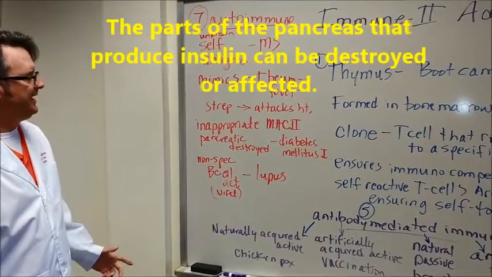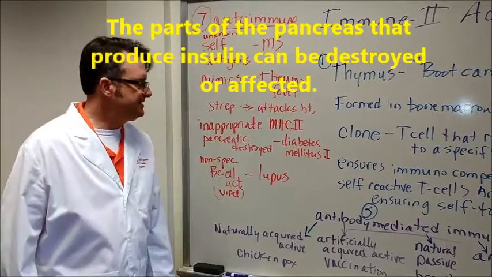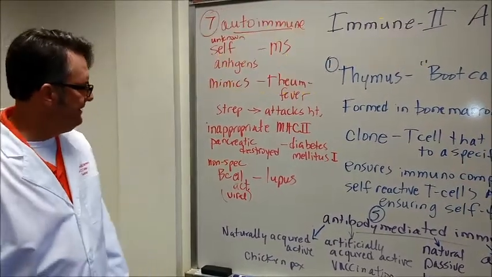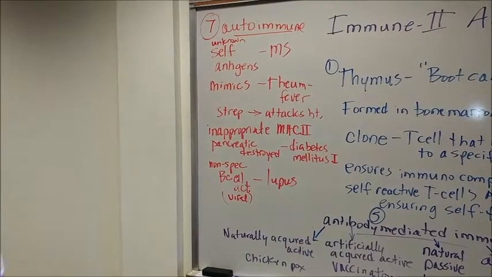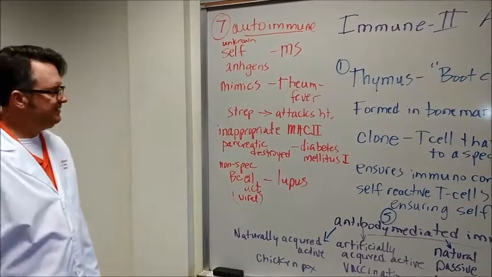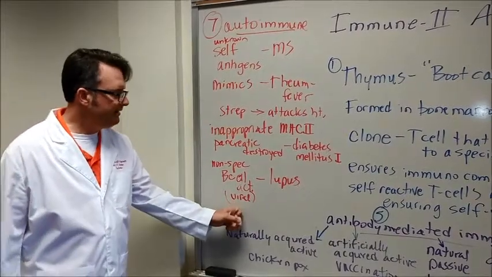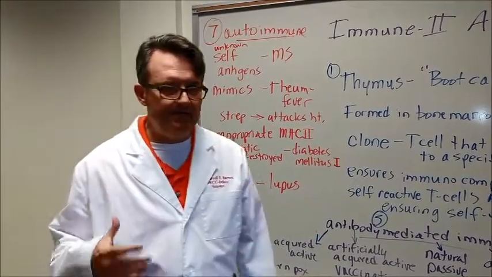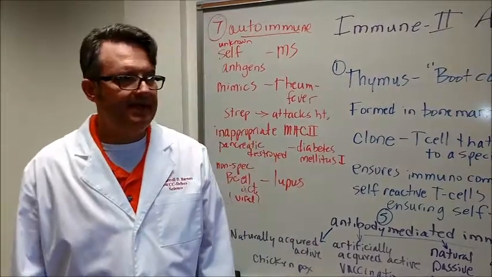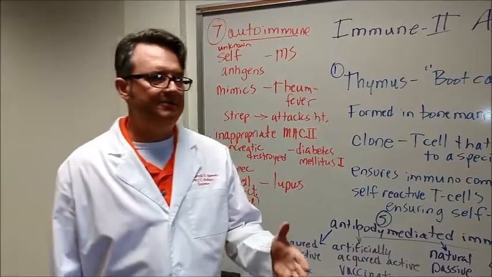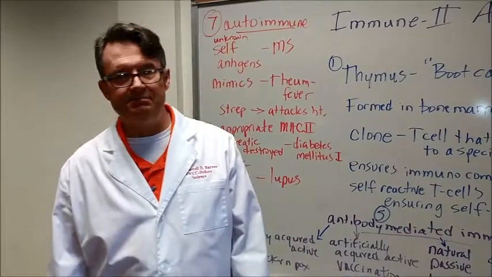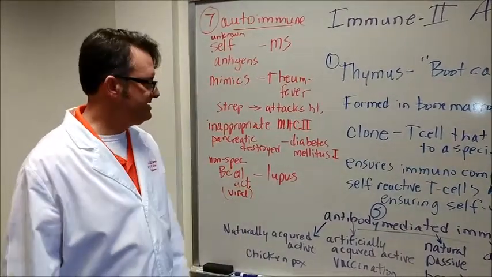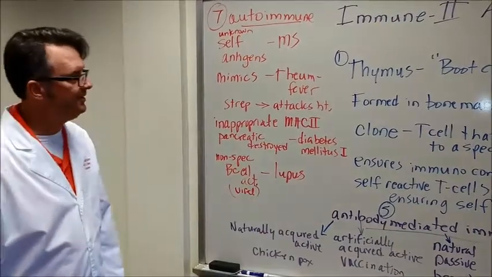In this case, the pancreas itself can be destroyed and result in diabetes mellitus type 1. There can be non-specific B-cell activation because of a viral infection that can result in lupus. What I was reading when I looked this up was that if the person has a viral infection, then it can actually mark DNA and blood cells and all different kinds of things in the body as enemy. This is what we call lupus.